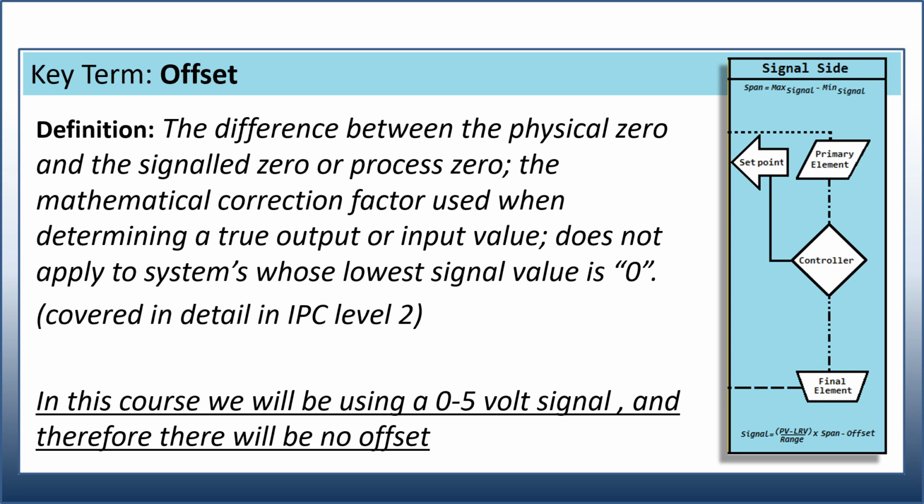For example, if you have a 4 to 20 milliamp signal, there is a 4 milliamp offset between being off and a true zero and our lowest signal, 4 milliamps. For the course we're going to be doing, we'll be using a 0 to 5 volt signal. Therefore, in any formula that requests an offset, we simply put 0.